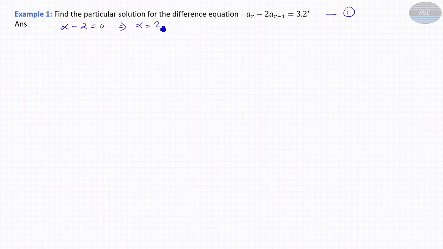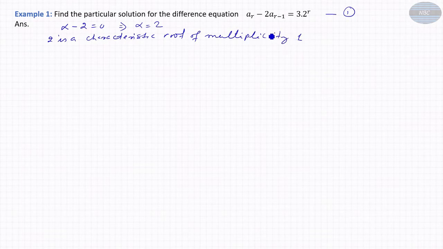So this root of the characteristic equation is equal to this beta. So 2 is a characteristic root of multiplicity 1, because there is only one root of this characteristic equation.